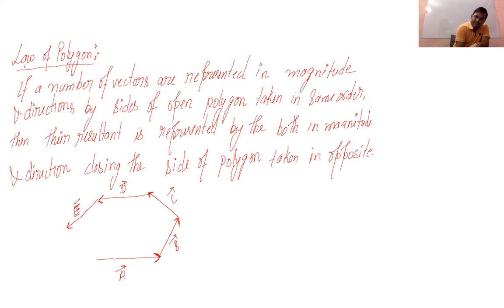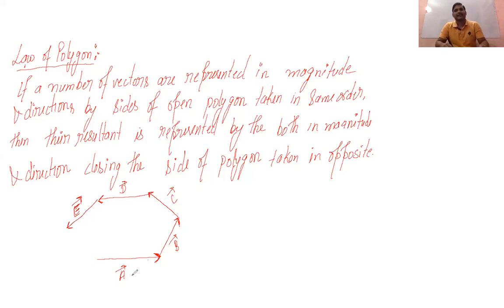These vectors A, B, C, D, E are in the same order, means the linking is head to tail, head to tail, head to tail.